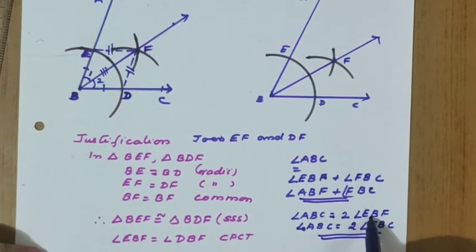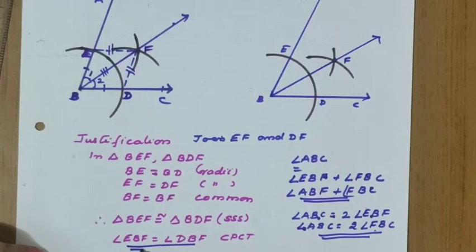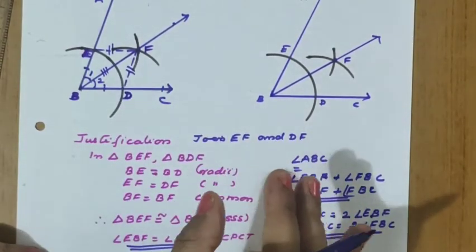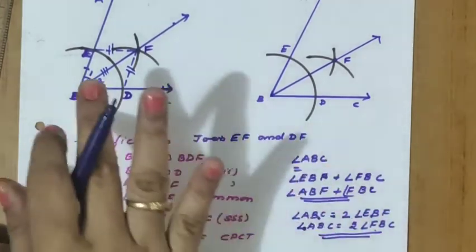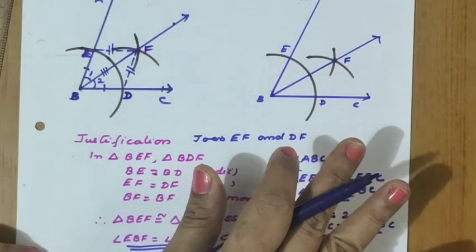Or EBF can be written as half of ABC, and FBC can be written as half of ABC. That means it's bisected equally. We have proved the angle bisector property here. So for that we have to join. Justification, only if it is asked in the question should you do it. Otherwise you can just do the steps of construction and the diagram. So this is the first question.